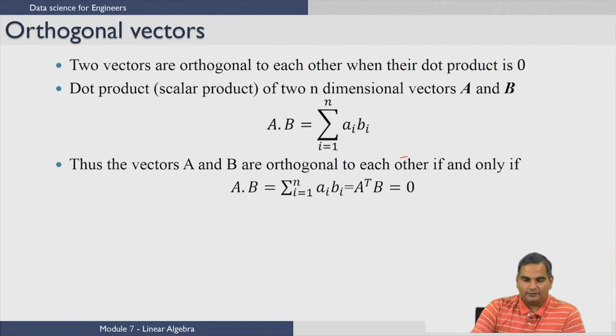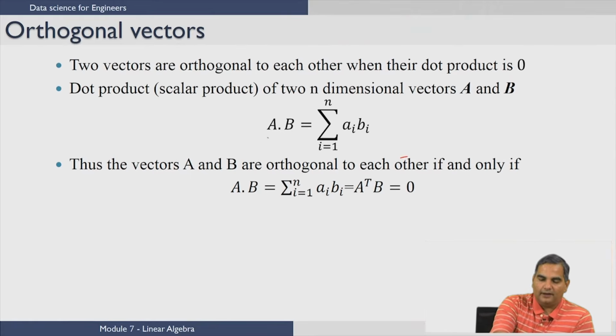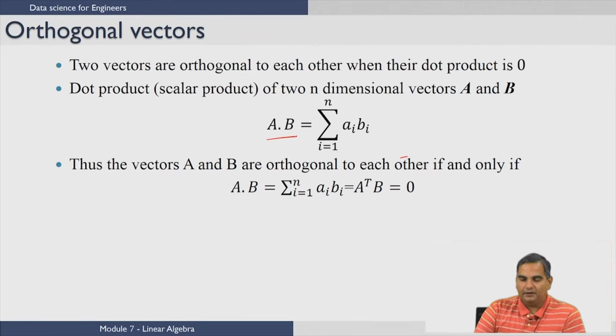If there are two vectors, we call these vectors orthogonal to each other when their dot product is 0. So, how do I define the dot product? If I take two vectors A and B, A dot B is simply the sum over i equal to 1 to n of a_i b_i. Basically, if you have a 2 dimensional vector, you take the 2 x coordinates and multiply them, then take the 2 y coordinates and multiply them, and add both of them, and you will get the dot product.